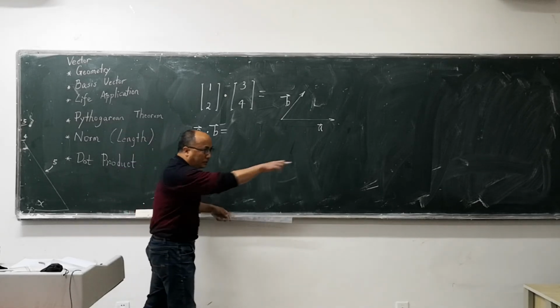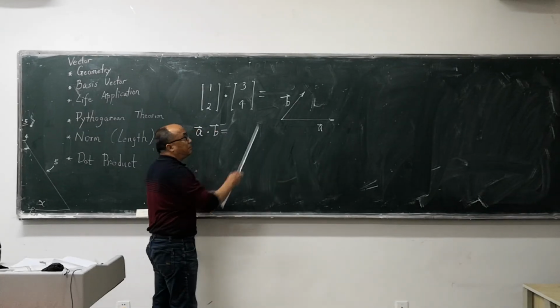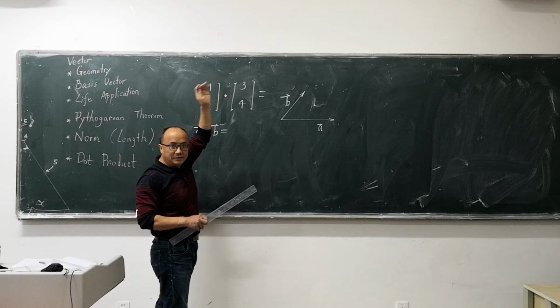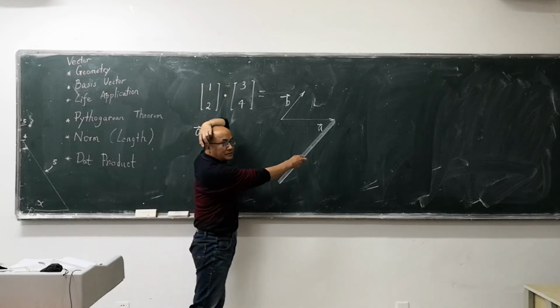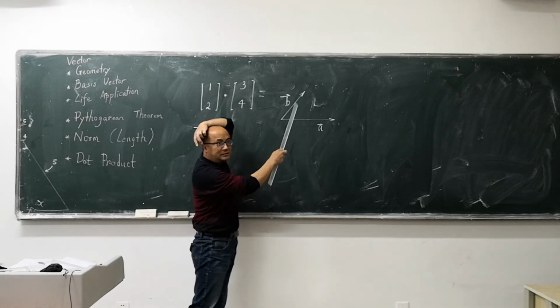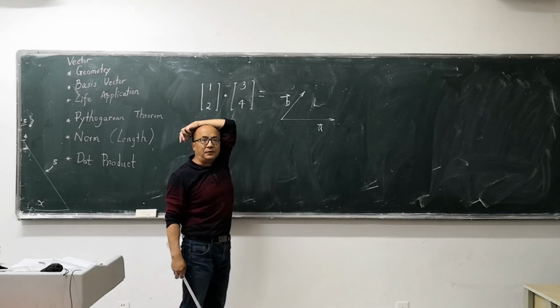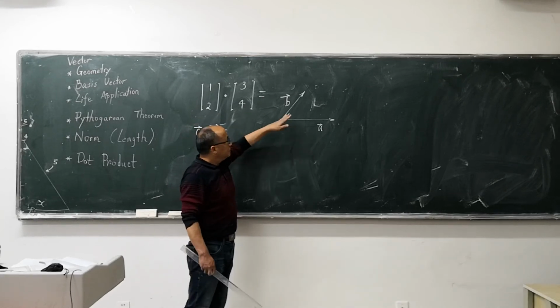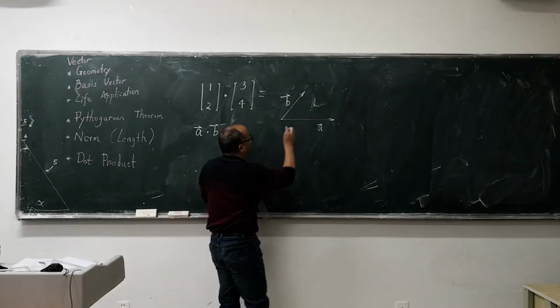The meaning is, this vector A is pointing there. This vector B is pointing somewhere, another direction. This could be one person, this could be another person. They have different personalities and different hobbies, but there's some overlapping.